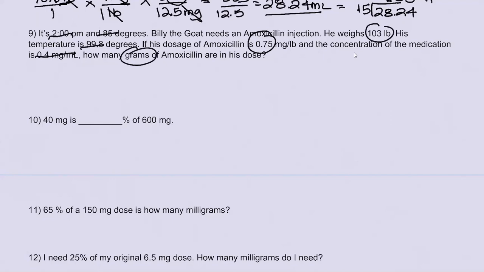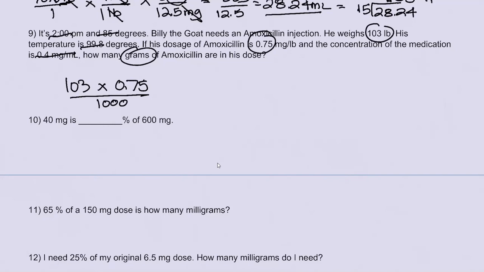So he is 103 pounds, and we're multiplying that times 0.75. And because we know we're going to grams from milligrams, I'm going to go ahead and just automatically divide all of this by 1,000.